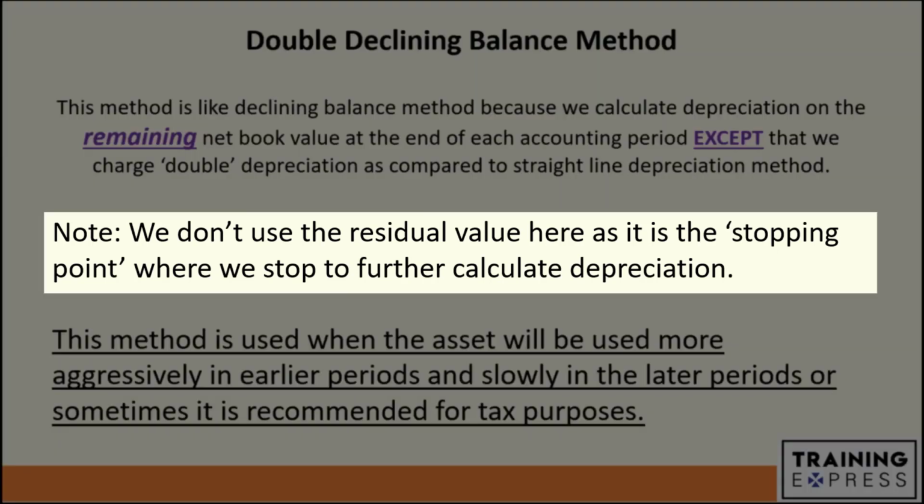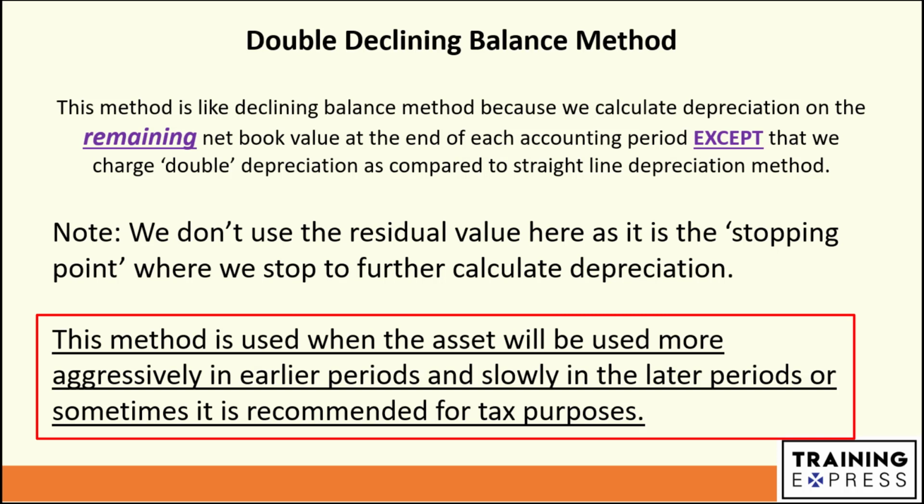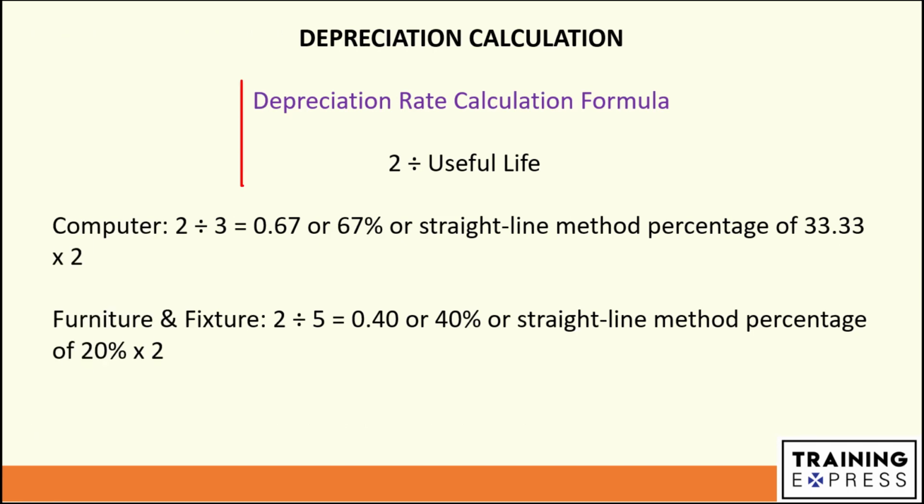Note, we don't use the residual value here, as it is the stopping point where we stop to further calculate depreciation. This method is used when the asset will be used more aggressively in earlier periods and slowly in later periods, or sometimes it is recommended for tax purposes.